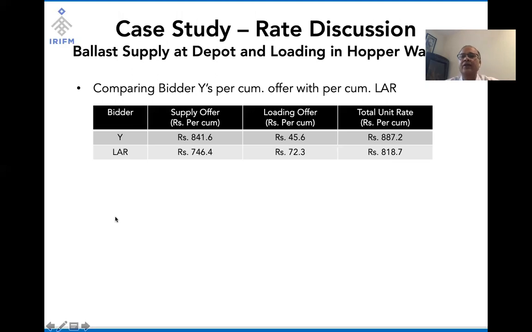Now, the first thing that the TC has to do is to compare L1, and in this case, the L1 was bidder Y, with the average LAR. So the supply offer of L1 was 841.6, and the loading offer of L1 was 45.6. If you only look at the supply portion of all the cases, then the average LAR for supply comes out as 746, and the loading comes out as 72.3.